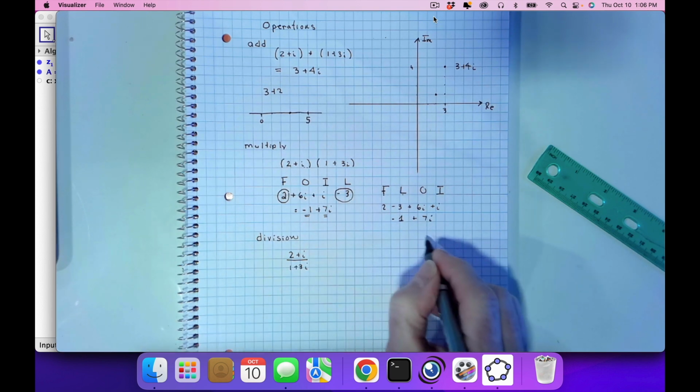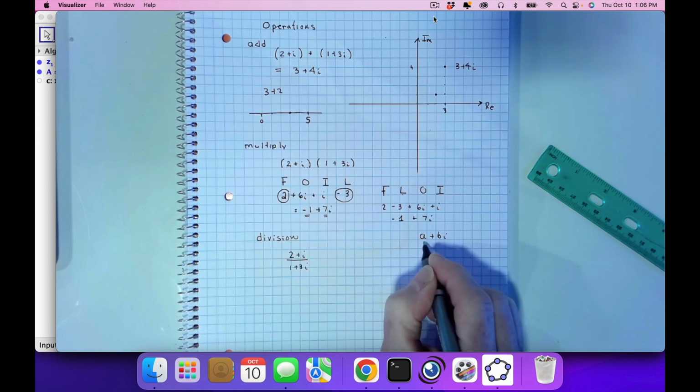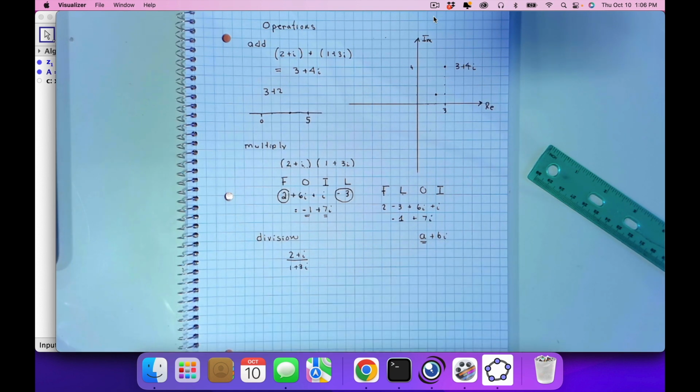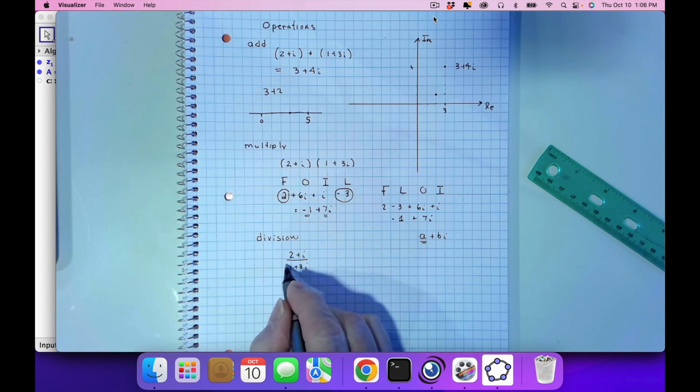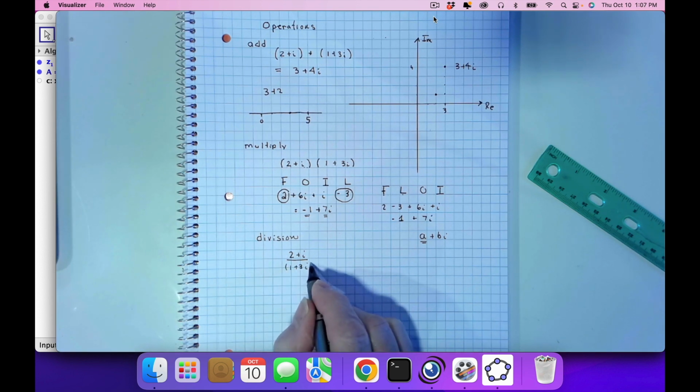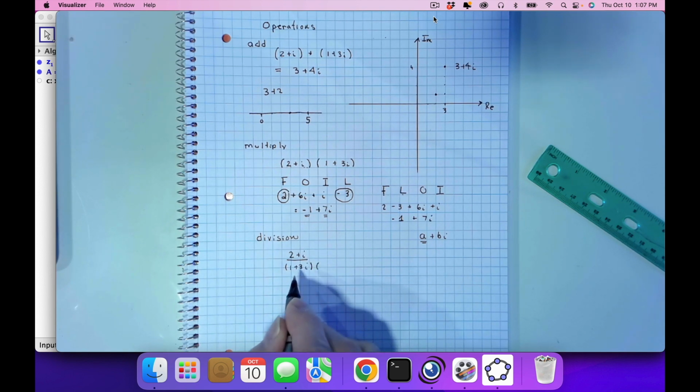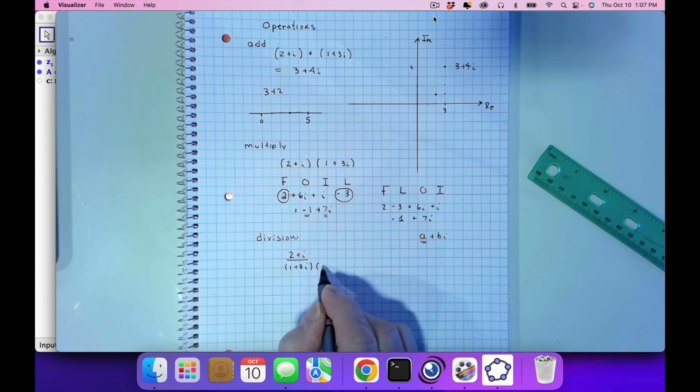It has to be in the form a plus bi, where you can then see what the real part is. Now, the way we're going to carry out this division is as follows. We're going to multiply the top and bottom by the complex conjugate of the denominator.